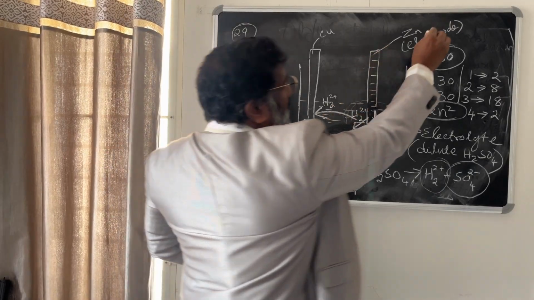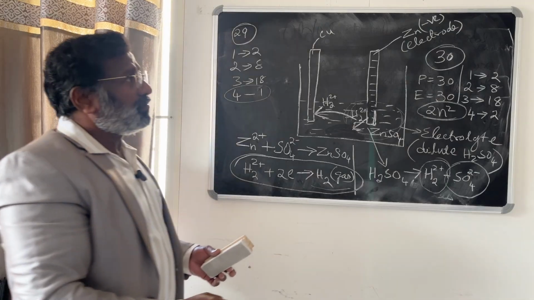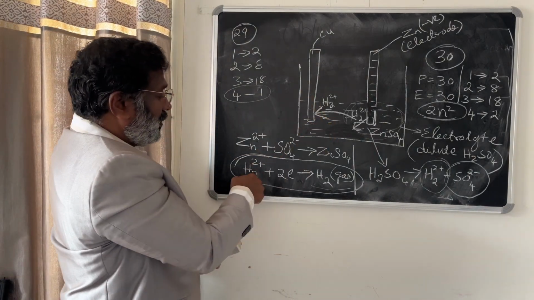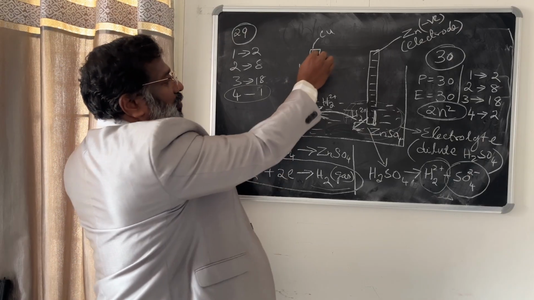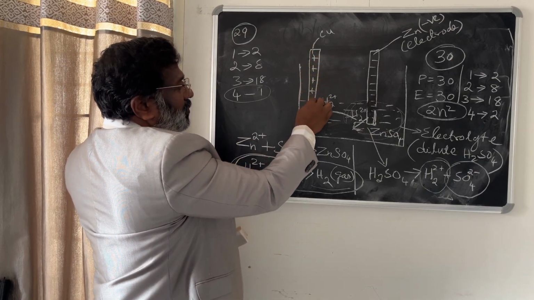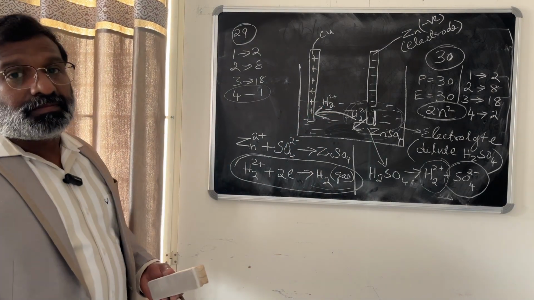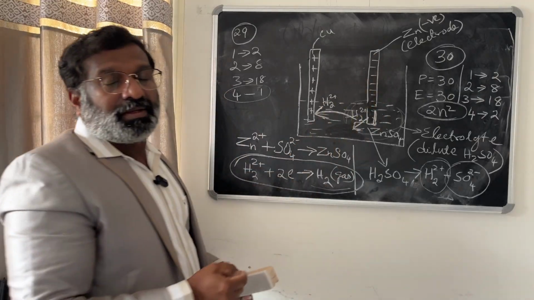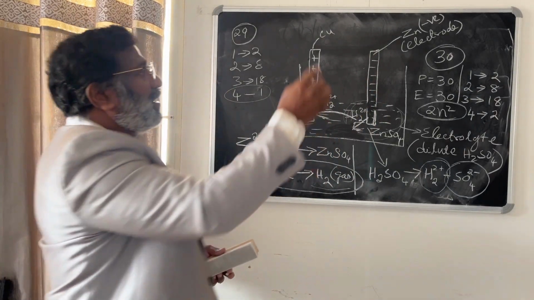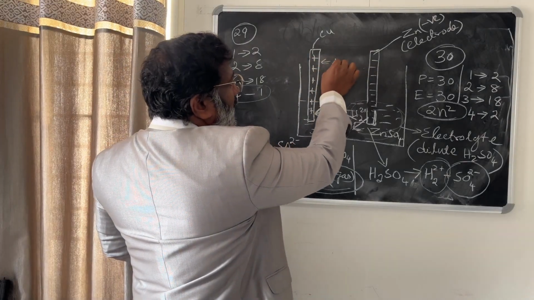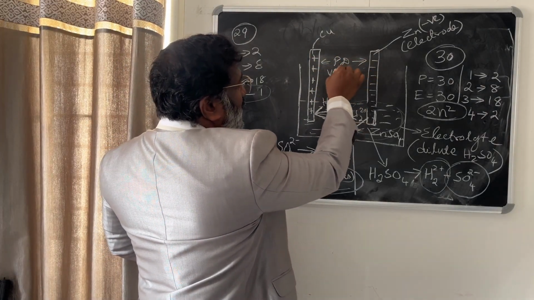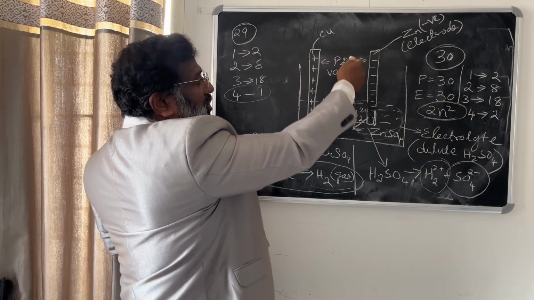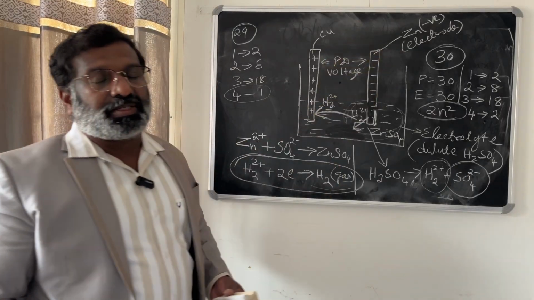So zinc becomes negatively charged, and copper gives 2 electrons to the hydrogen ion and becomes positively charged. Once charged, it will have electric potential, and the difference in potential between these 2 charged particles is the potential difference. So we will have voltage between the terminals now. As the charging progresses, the potential difference also increases, the voltage also increases.